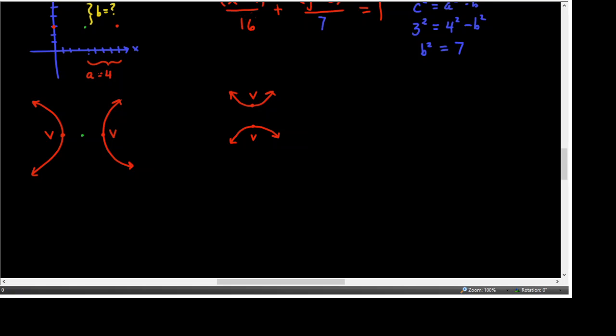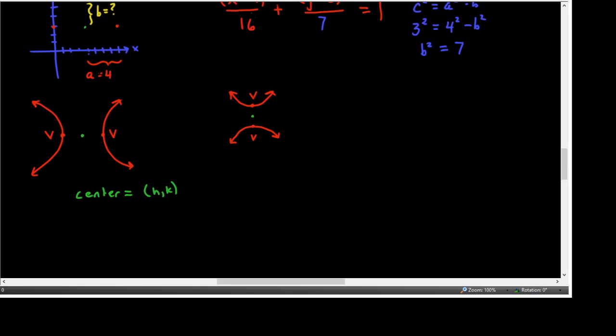Exactly halfway between the two vertices is the center, and the center is going to be (h, k). Oh, and I forgot to say, collinear with those points are the foci.